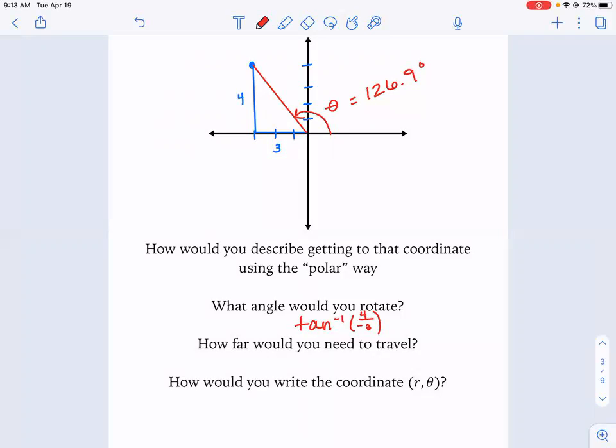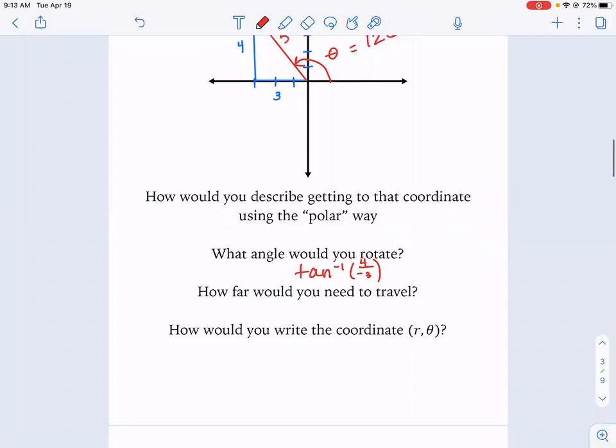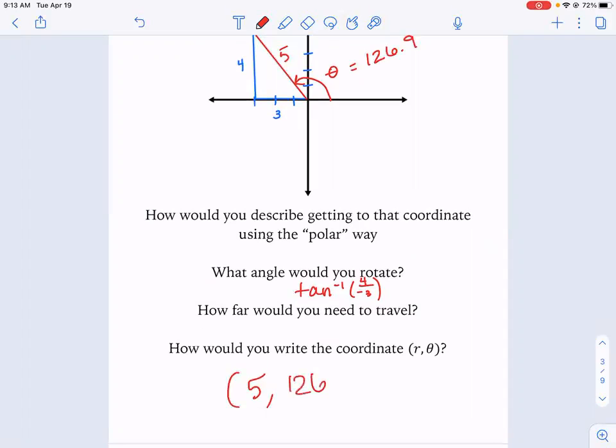Okay, so we have 126.9 degrees. How far would we have to go from the origin out to the coordinate on that red hypotenuse? Probably about 5. So we would write this coordinate as 5, comma, 126.9 degrees.